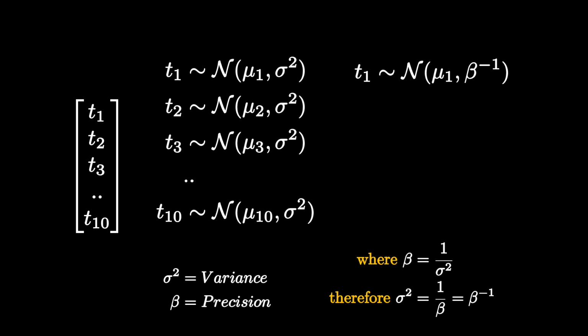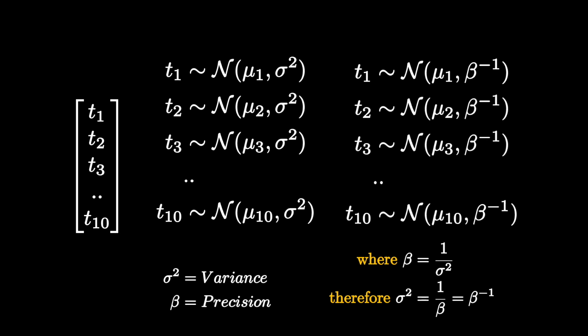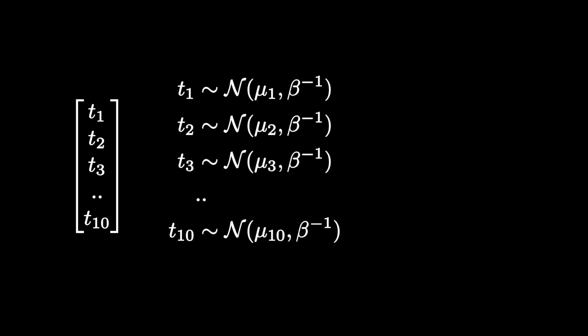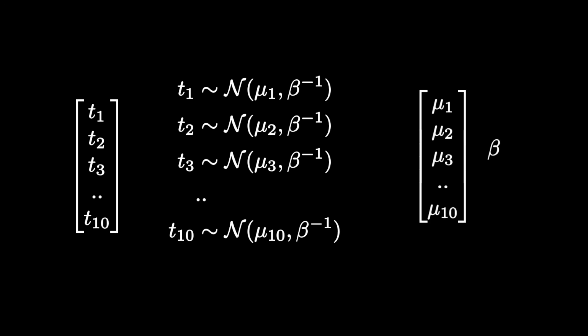For now, just see it as an alternative notation, and that should be good enough. We can now do it for the rest of the target variables as well. So, in summary, after seeing the target variables as random variables, our task is to find their mu parameters and the precision parameter that is shared between them.